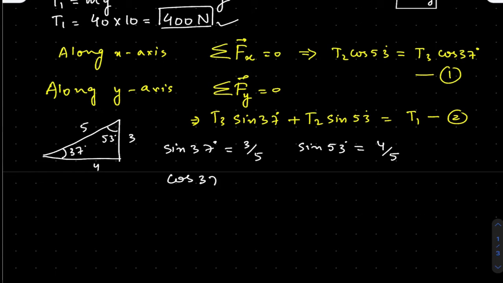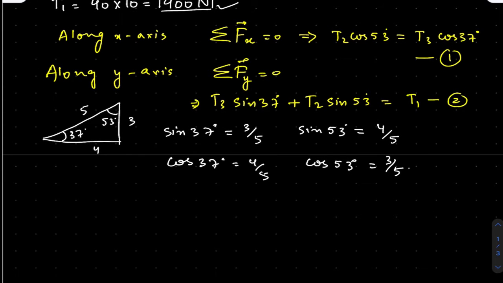Similarly, cos 37 degree is 4 by 5, and cos 53 degree is 3 by 5. Alright, so these values we can use in the above two equations.